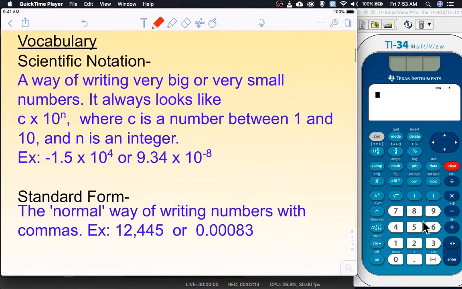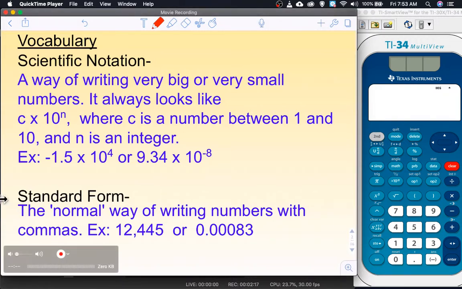So we have 2 vocabulary words here. We have scientific notation and standard form. So scientific notation is just a way of writing very big or very small numbers. It always looks like this. So this is kind of like the format, the formula, so to speak, where the C is a number between 1 and 10.